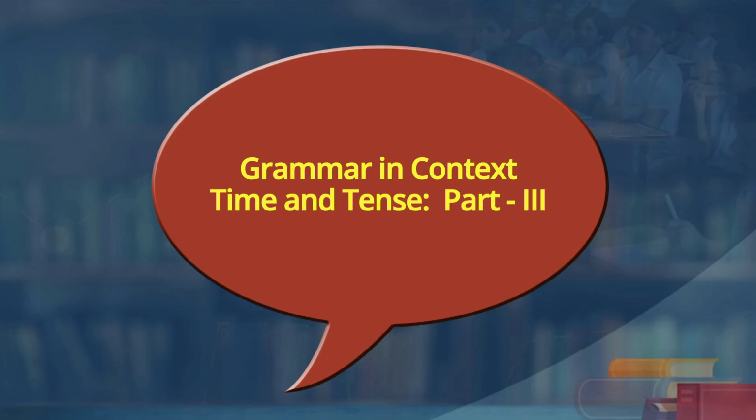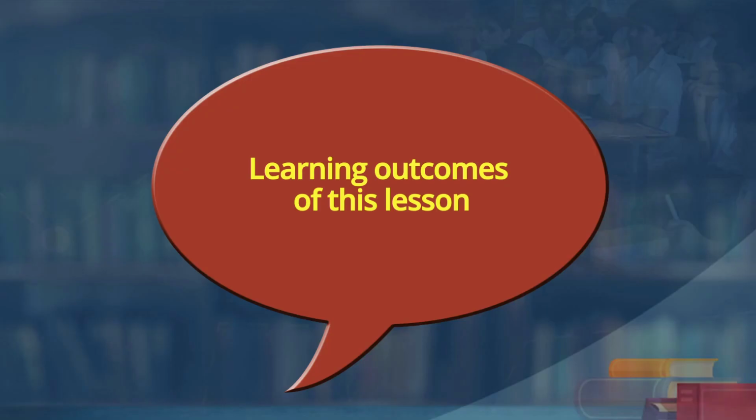Learners, there are many ways we can notice a language item like present perfect. When you read a sentence, in a newspaper or textbook, try to notice the grammatical form also. So, we have come to the close of this lesson, learners, part 3 of the grammar time and tense series. Before we close, let me ask Kriti to read out the learning outcomes of this particular unit for learning grammar. Here it is. Learning outcomes of this lesson.